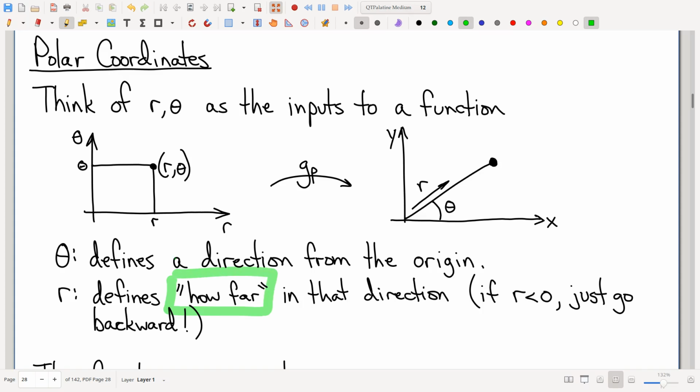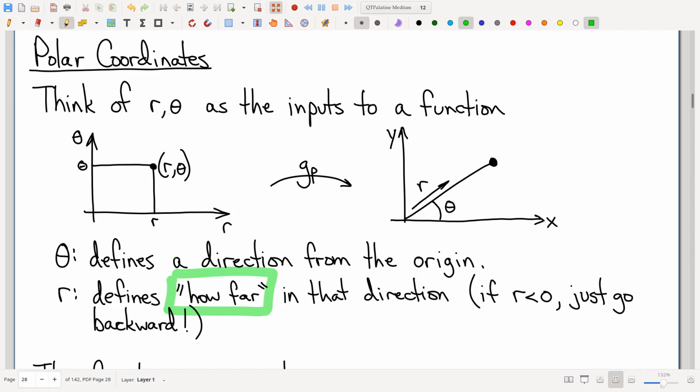How far suggests a distance. Distance is inherently, unavoidably a positive thing. r does not have to be positive. It absolutely does not have to be positive. r is perfectly allowed to be negative.